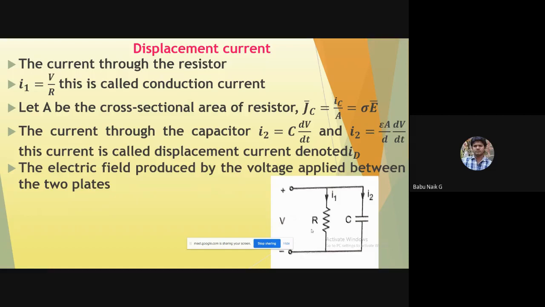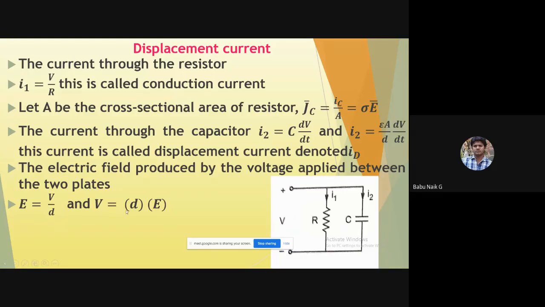With the same thing, let us apply the electric field between the two plates. We can write the electric field equal to the applied voltage over the distance between the two plates, separated by distance d.